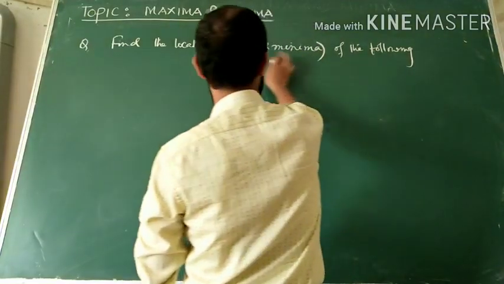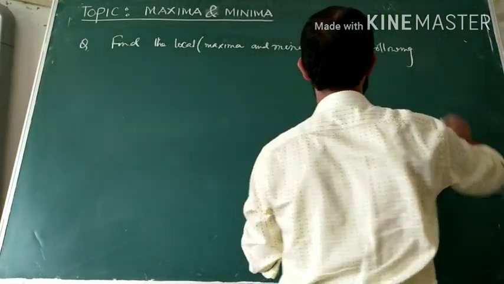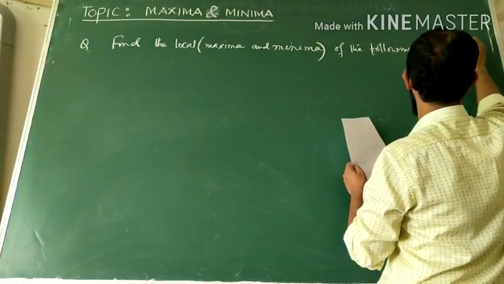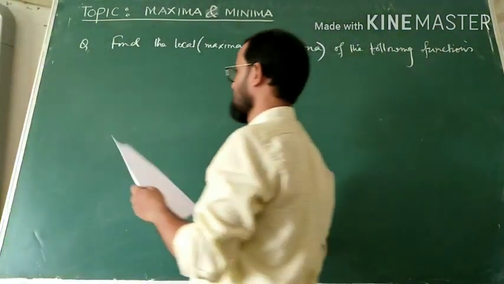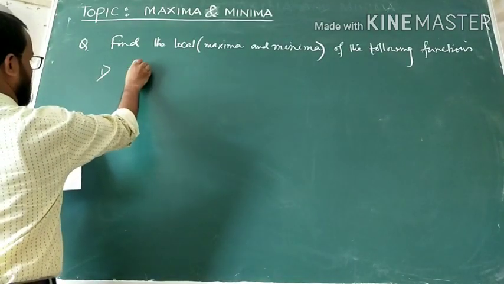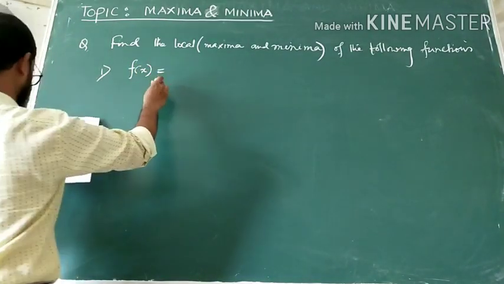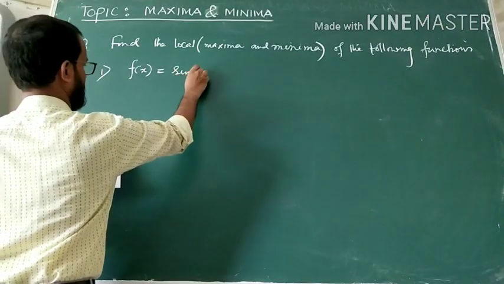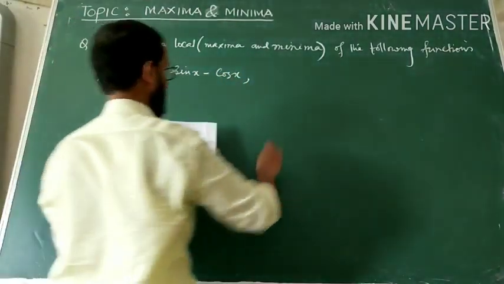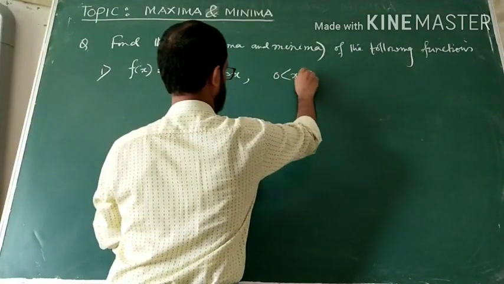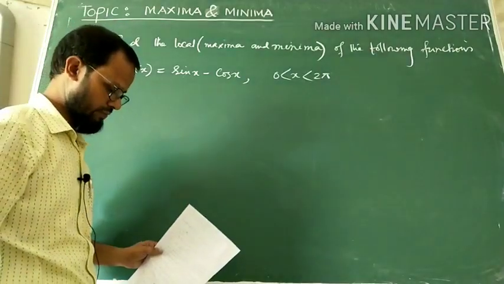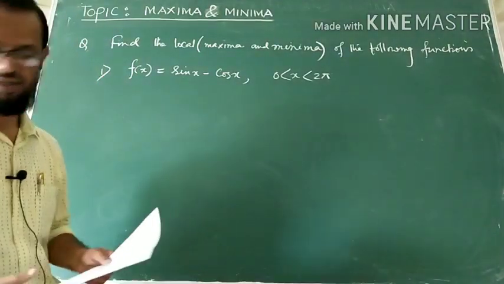Here we are going to find the local maximum and minimum values of the following functions. First one is f(x) equal to sin x minus cos x, and its domain is the open interval 0 to 2 pi.